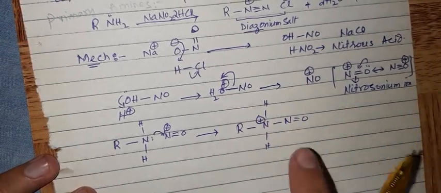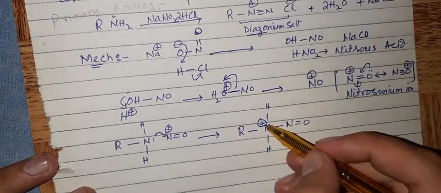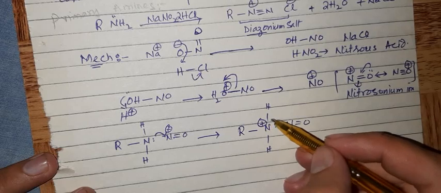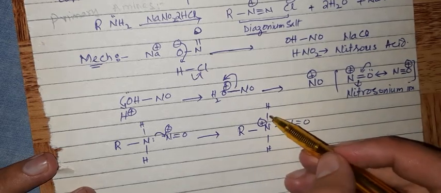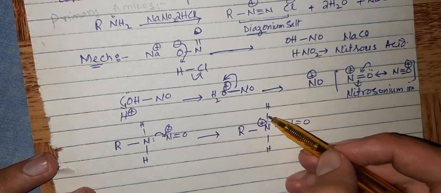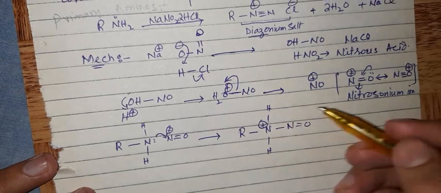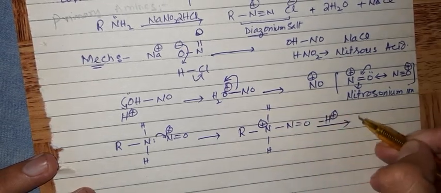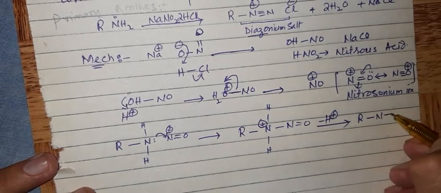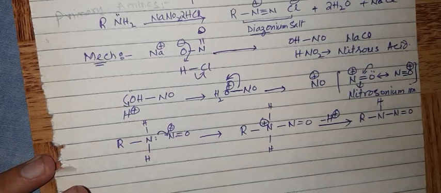Now a proton is removed, because this nitrogen is positively charged and electron deficient, since it has coordinated its two electrons. That is why one of these hydrogens will leave as a proton. So we write: R-NH-N double bond O, and we have our one proton here.